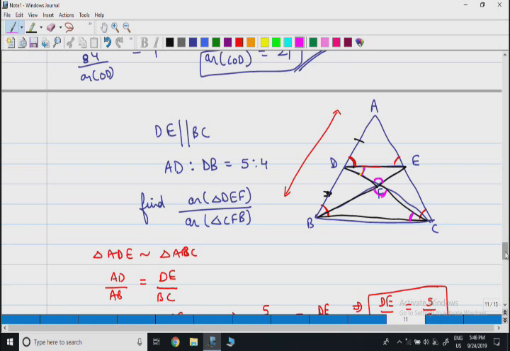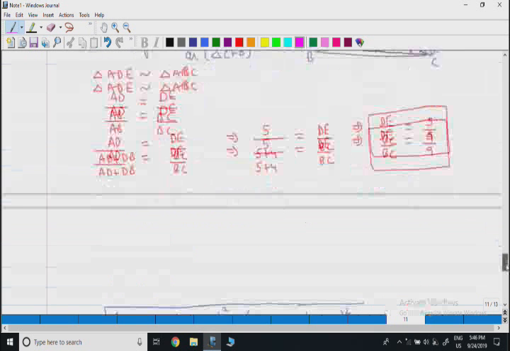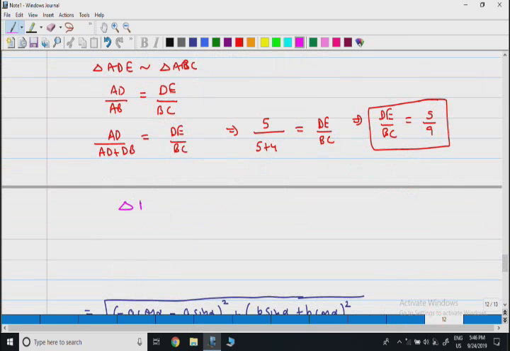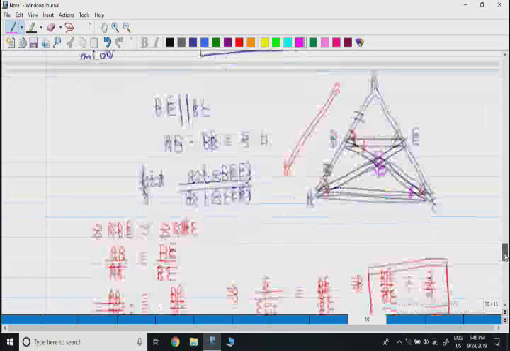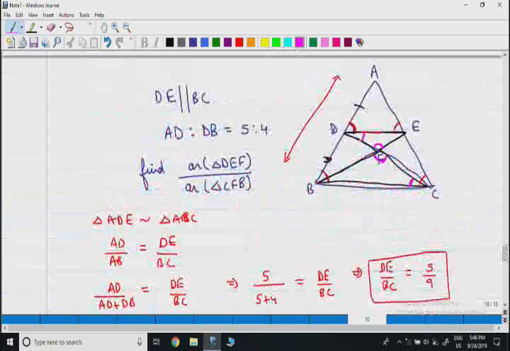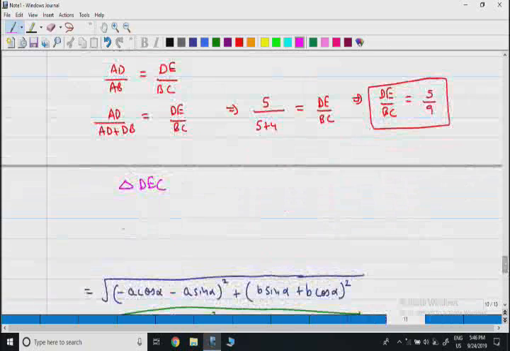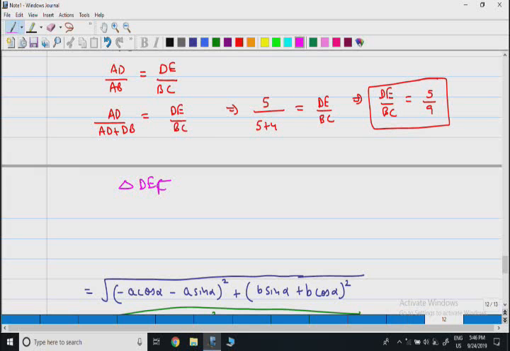So we can say triangle DEF is similar to triangle CFB.